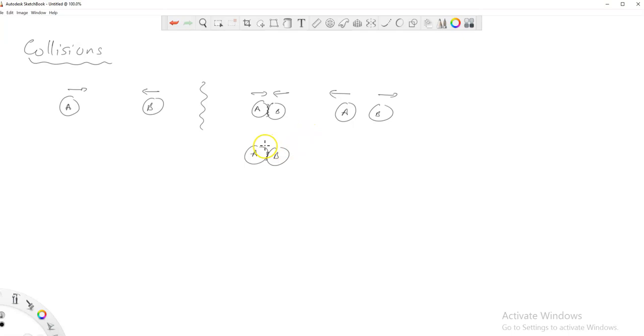So the whole thing either stops, they come from opposite sides and collide and form a bond and just sit there, or maybe as a single unit they'll be moving in some direction. So these are different outcomes of a collision like this.